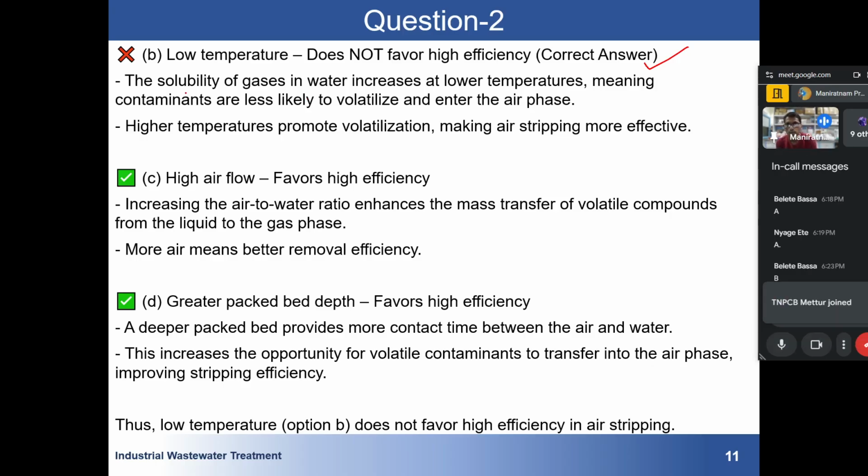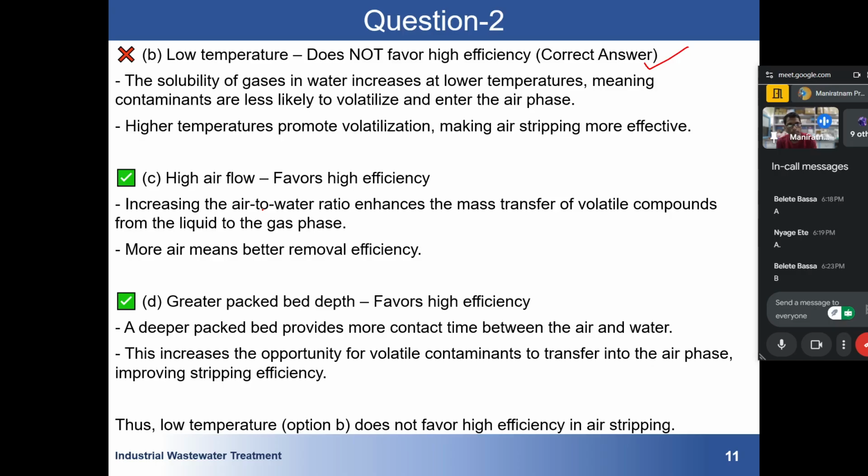So the solubility of gases in water increases at lower temperature, meaning the contaminants are less likely to volatilize and enter the air phase. This is what I said, that if the temperature is low, then it will remain as it is. It won't be converting into another form, while higher temperature promotes volatilization, making the air stripping more effective. So yes, the correct answer is B.